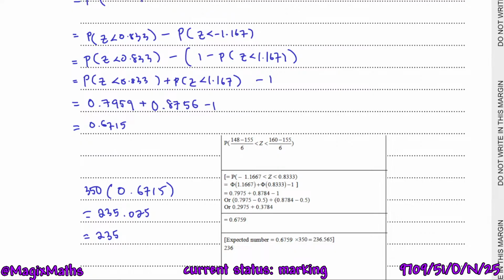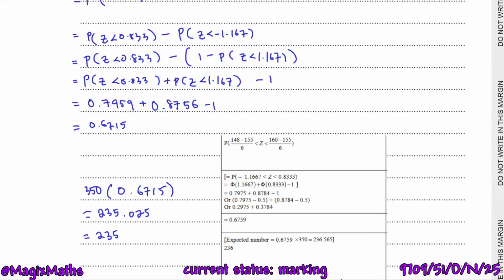1.167 should be 0.877. Wait, what? You got a 0.975 while I got a 7959. I genuinely don't understand.